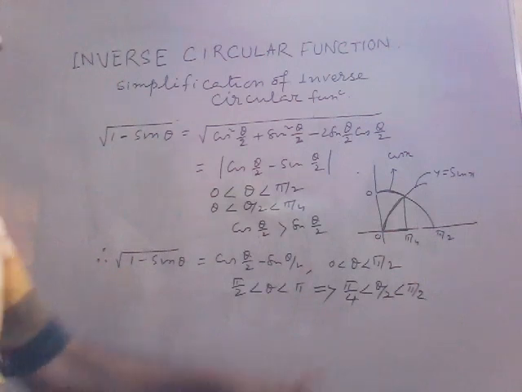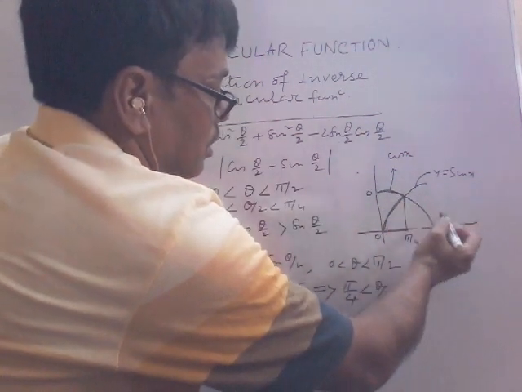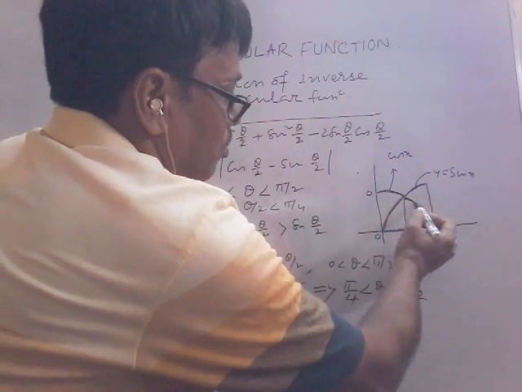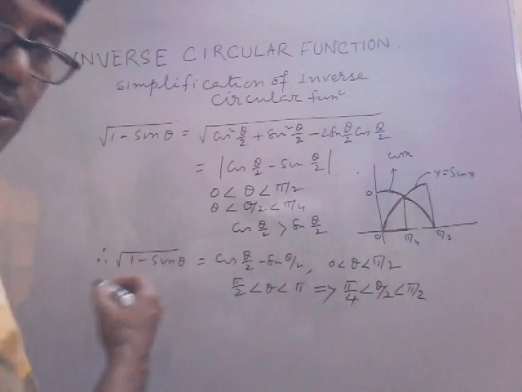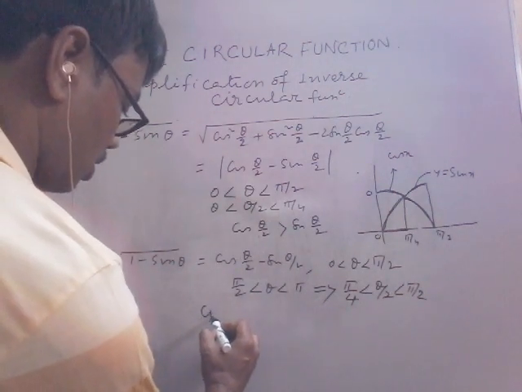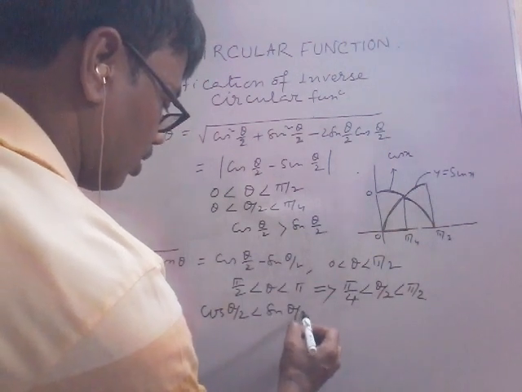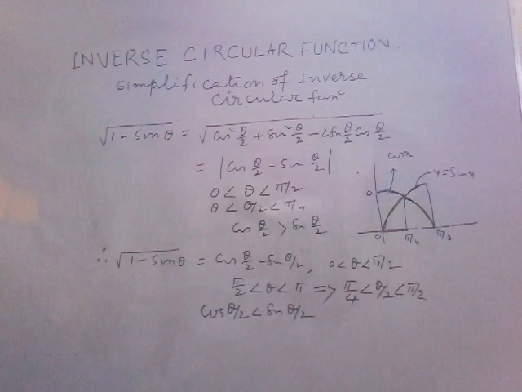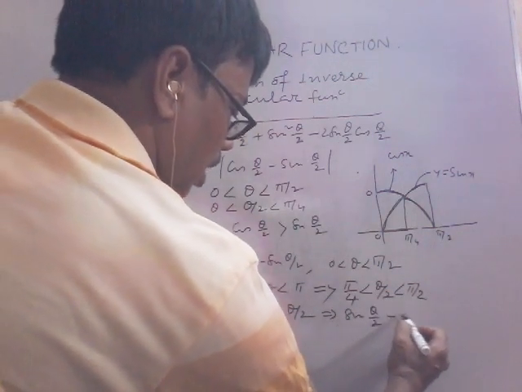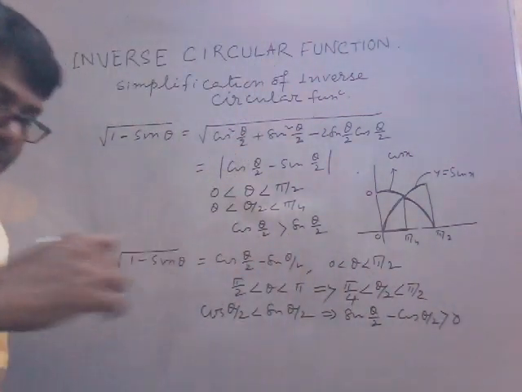But look, in pi by 4 to pi by 2, this one is sine curve, this one is cos curve. So what we are getting, cos theta by 2 less than sine theta by 2. That is sine theta by 2 minus cos theta by 2 greater than 0.